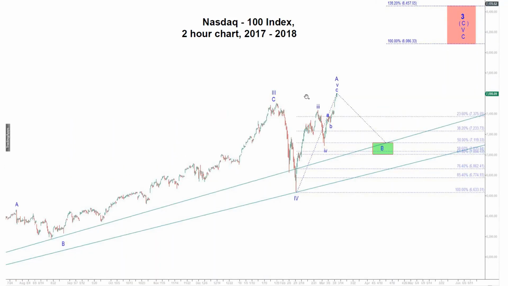This is what we have in case we really work on a bullish structure. Under that count we say that 4 is done and we are working on the 5th up. And the 5th up should consist of A up, B down, and C up. And that would complete that parenthesis C and the larger wave 3.